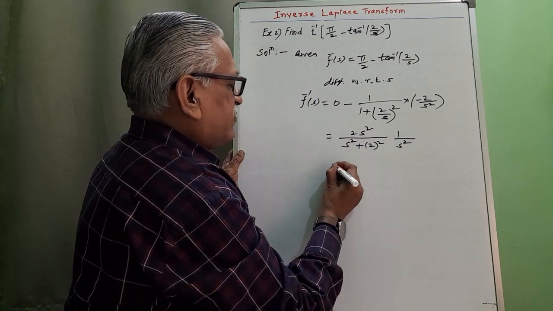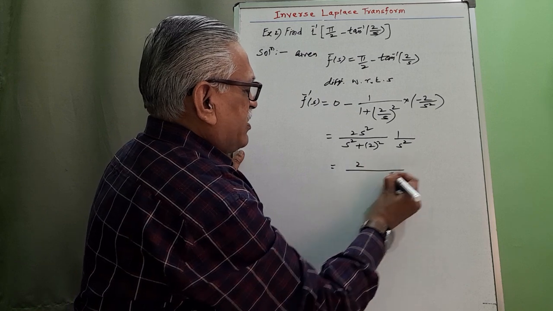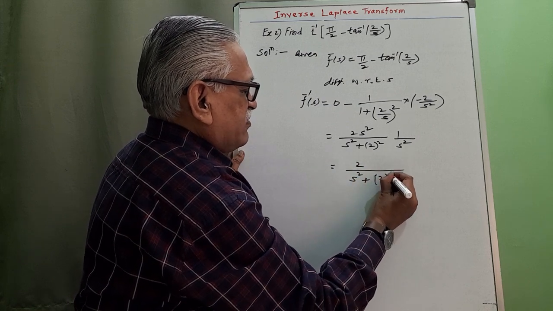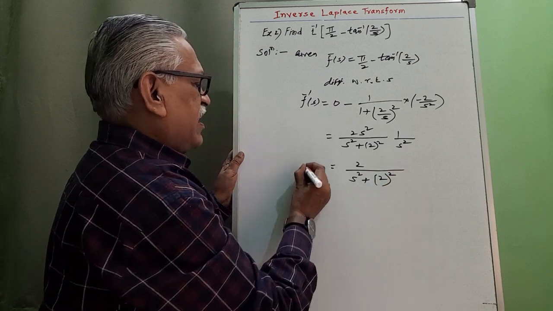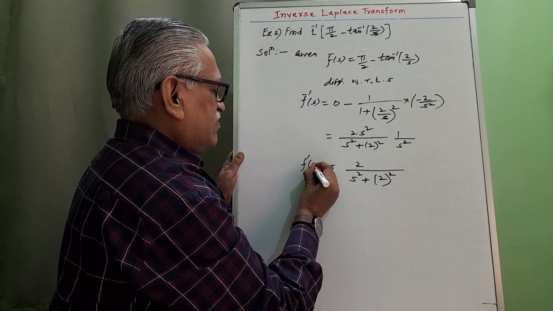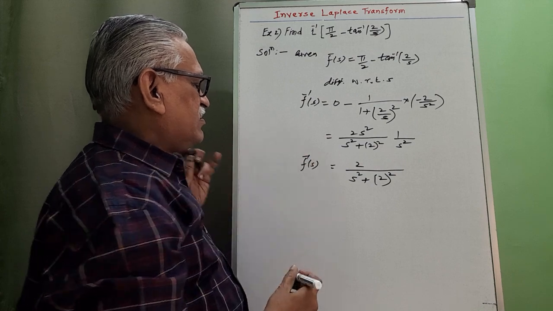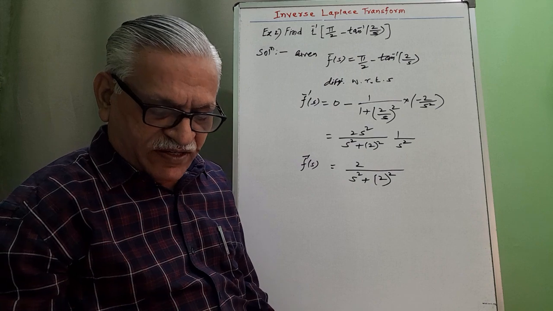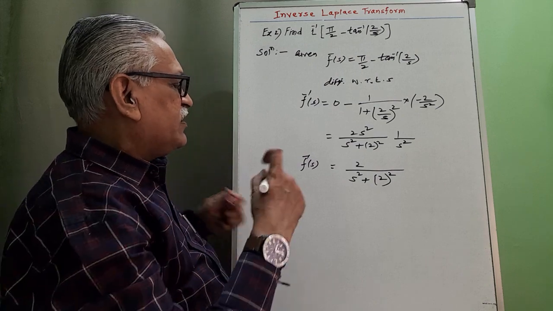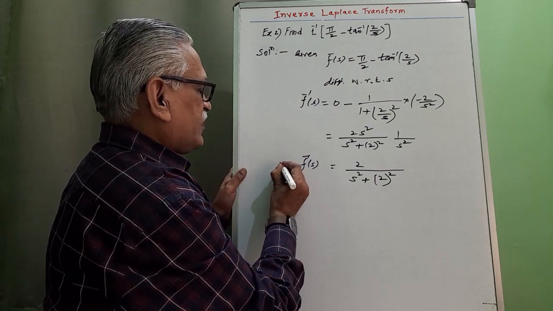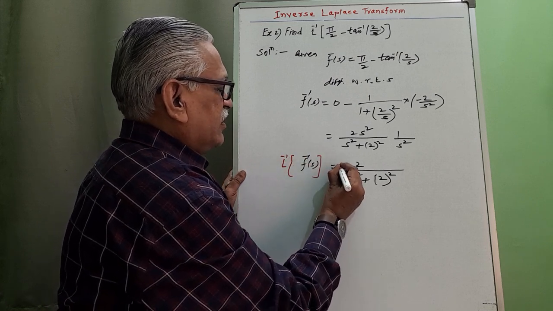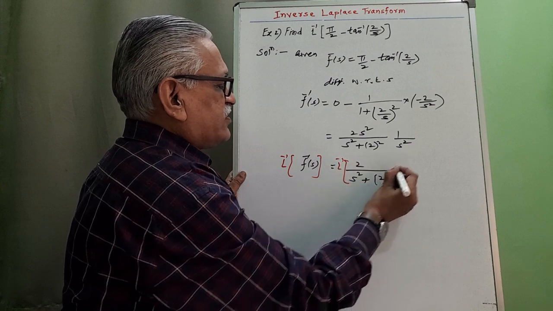S square gets cancelled, we get that value as 2 divided by s square plus 2 square as f dash of s, and then taking inverse Laplace on both sides. Therefore, next step, inverse Laplace of left hand side, inverse Laplace of right hand side term.